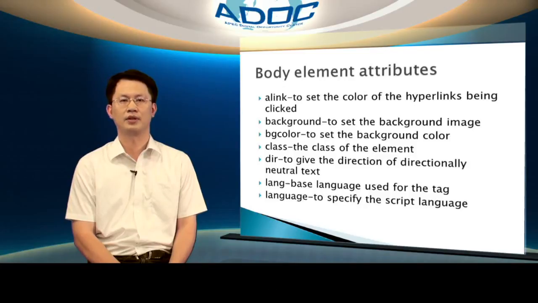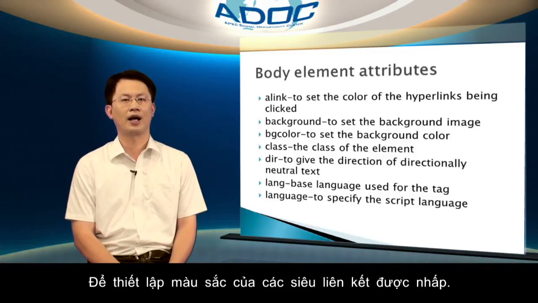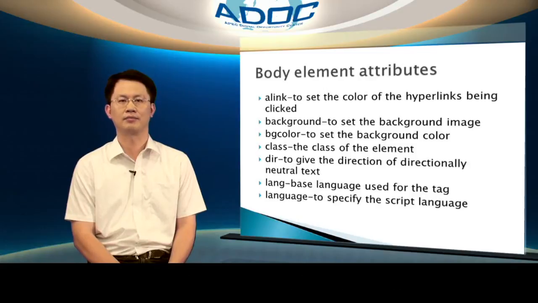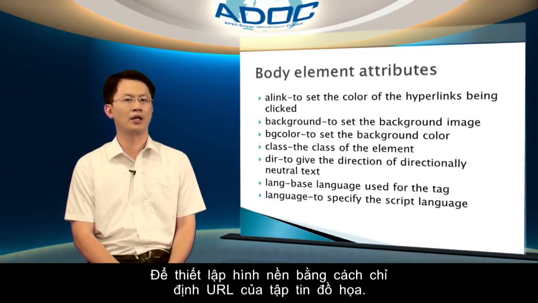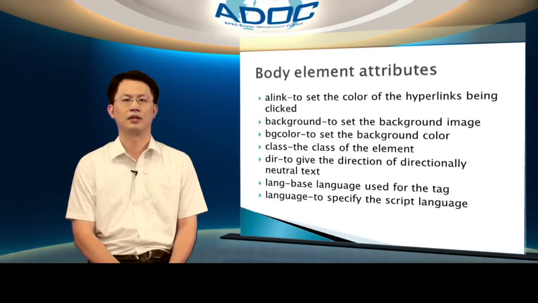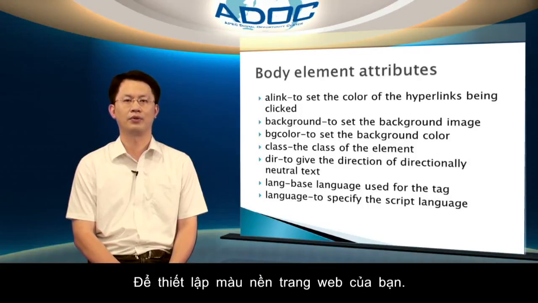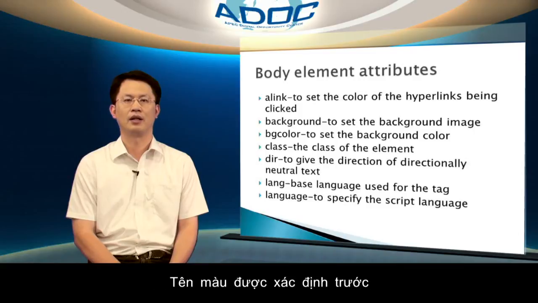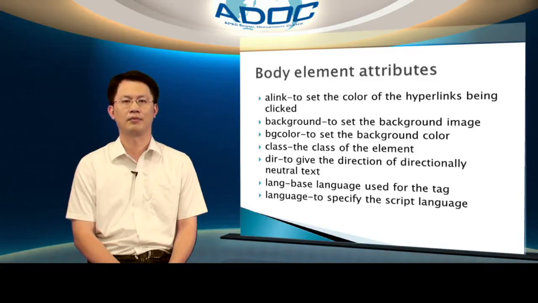Alink, to set the color of the hyperlinks being clicked. Background, to set the background image by specifying the URL of a graphic file. Bgcolor, to set the background color of your web page. The value can be the color value or the predefined color name.